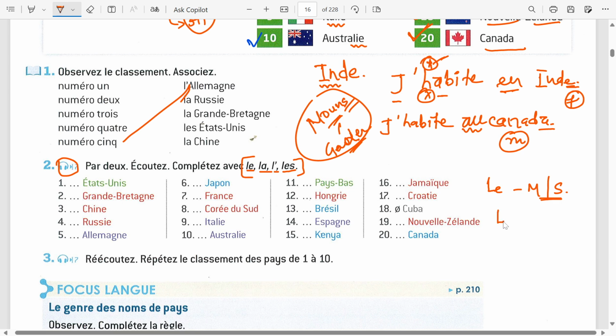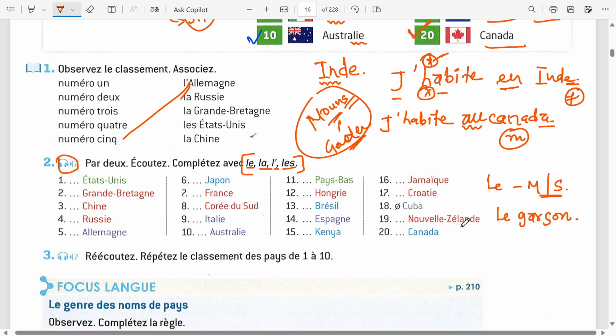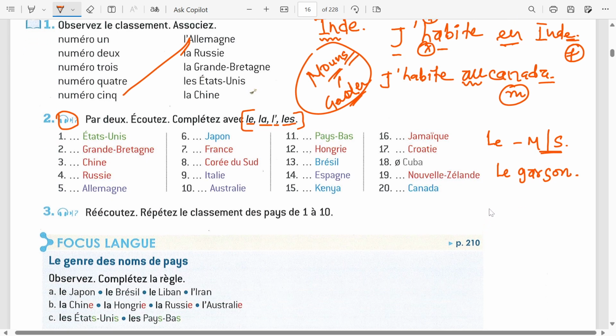For example, le garçon, the boy. La goes with feminine singular. For example, la fille, the girl.